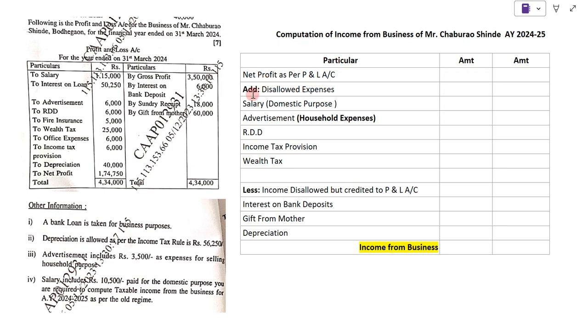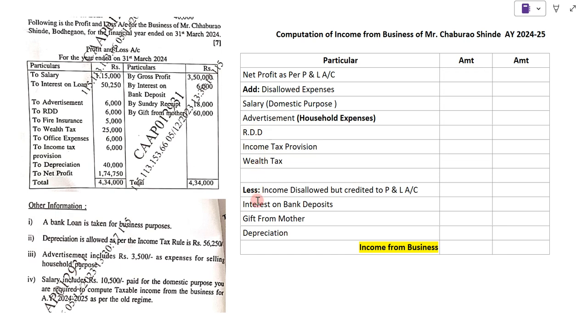From net profit, you have to add the disallowed expenses. Disallowed expenses are those expenses which are not the part of the business. Those expenses which are used for the personal expenses are called disallowed expenses. All those expenses will be added in the net profit.